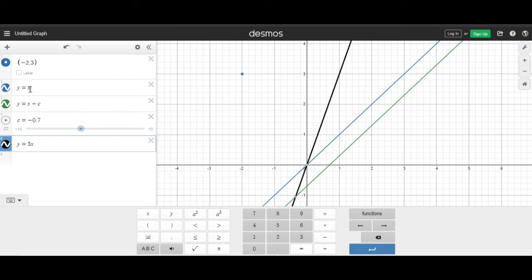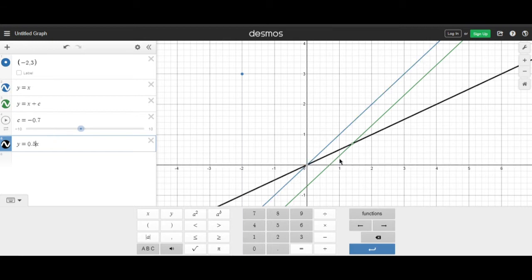What is along with x here? It is 1. And what is along with x here? It's 3. That's why the tilt of this black line is more. So I have to make it less than 1. I can make it 0.5. Then you can see the tilt is less than the blue line. Tilt or slope, you have studied about slope, no? So the slope is less than the blue line. So we decreased the tilt here.